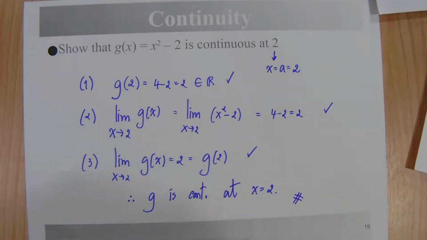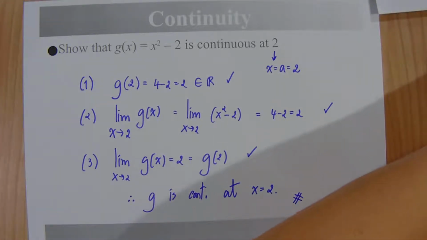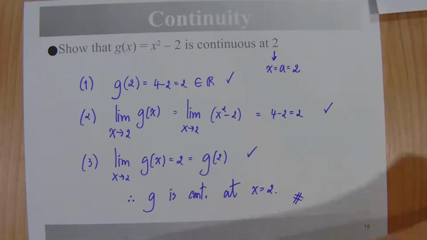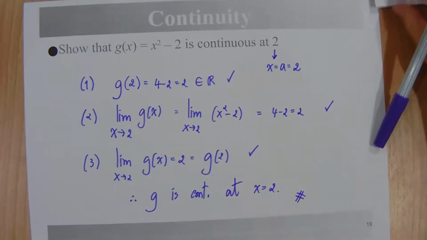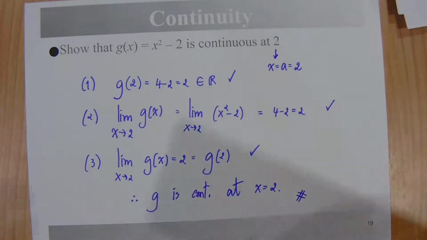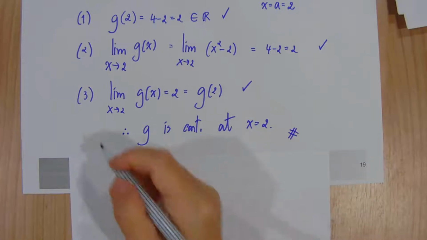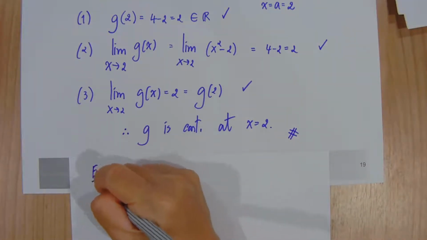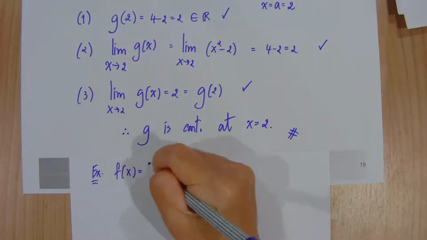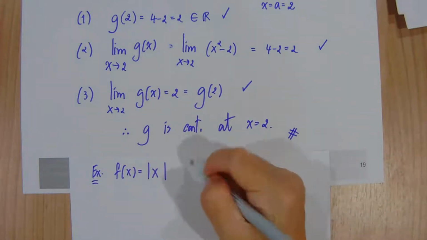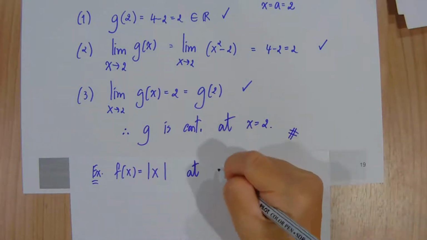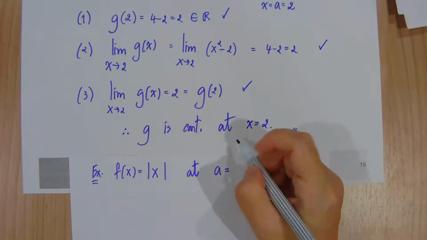And if we extend the conditions to another example, for example, we have f(x) equals absolute value of x at the point a equals 0.